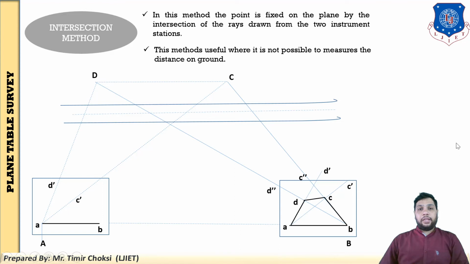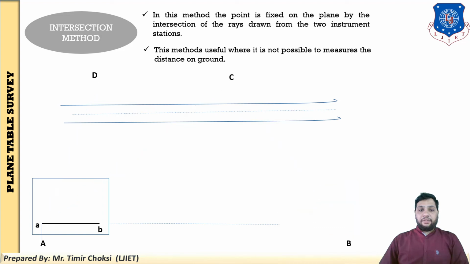Now you have completed the traverse, very easy. I will repeat these steps so you understand clearly. First, the plane table is set up at A, bisect the point B, and the distance A to B is measurable, so plot the point small b on the drawing sheet. Then you sight the points C and D and name them C dash and D dash.